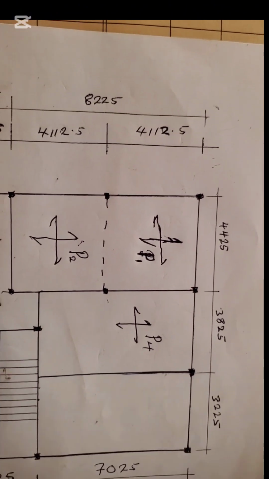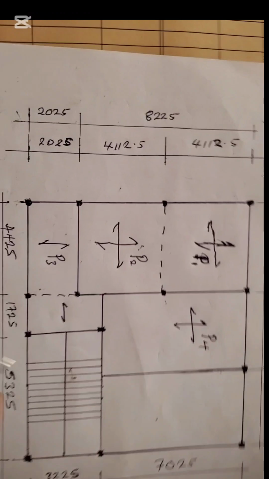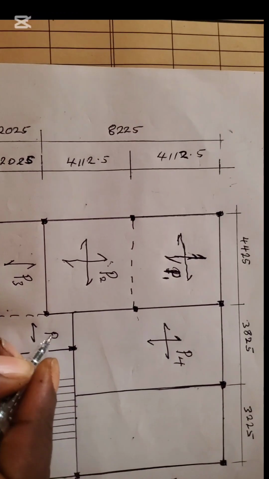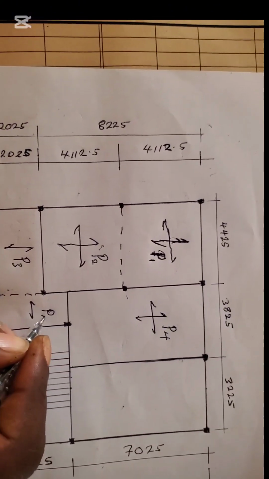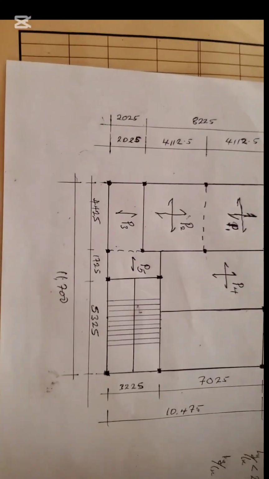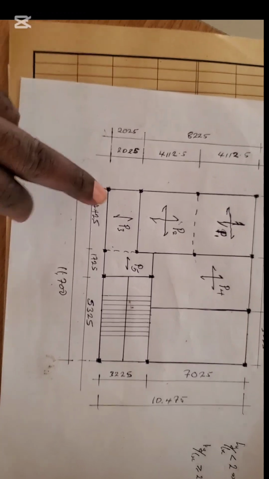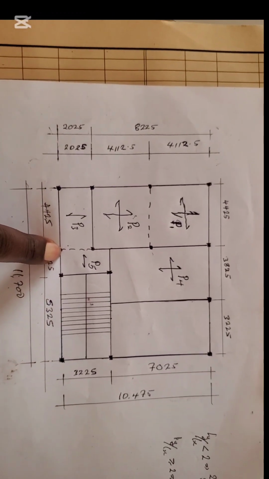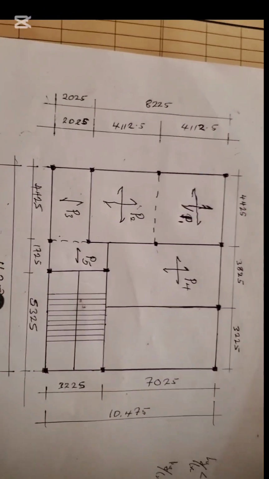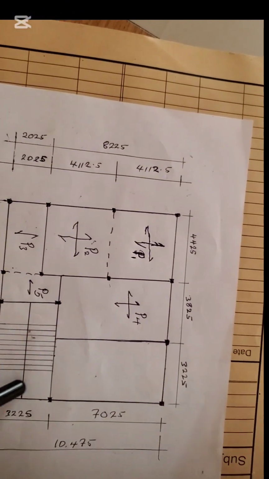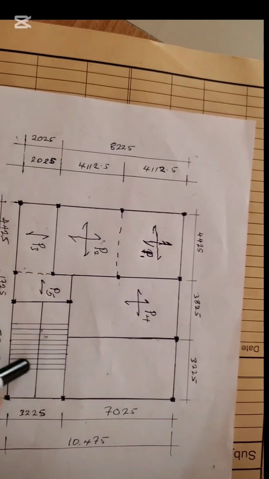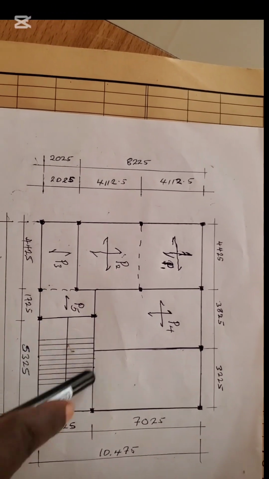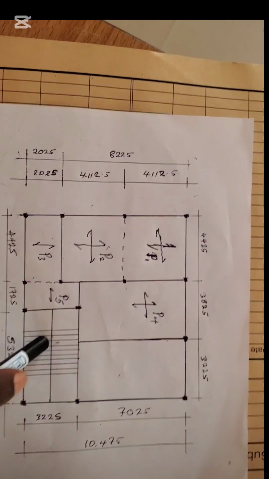Reinforce it like that, and call this one panel 5. If you want to make it a two-way slab, fine, but for me, I will leave it as a one-way slab. Remember, this is a stair hall. The staircase is designed separately, so there's nothing here.